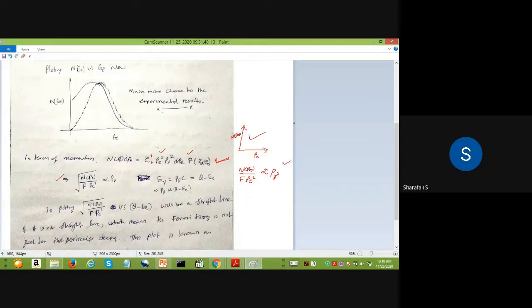And we again found that p nu is proportional to q minus e. As you can see from here, you can substitute E nu, which is P nu C, that is the energy of the neutrino, which is coming out of the beta decay. And this is for both neutrino as well as antineutrino. So I'm just taking neutrino here.